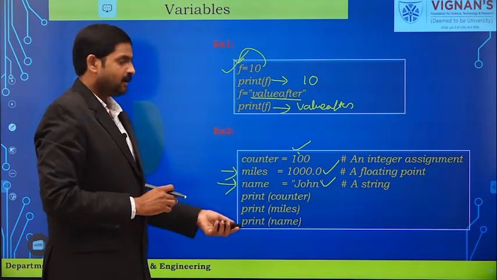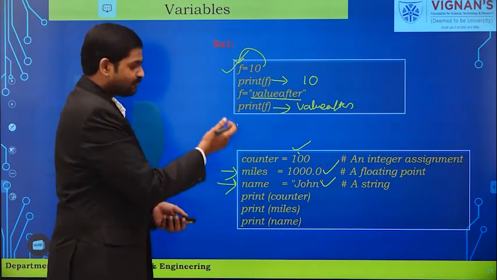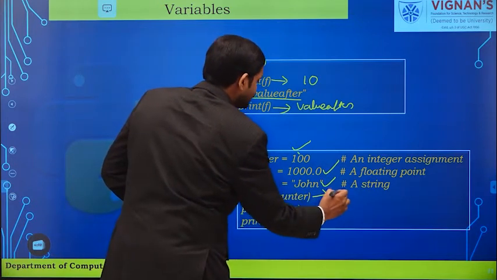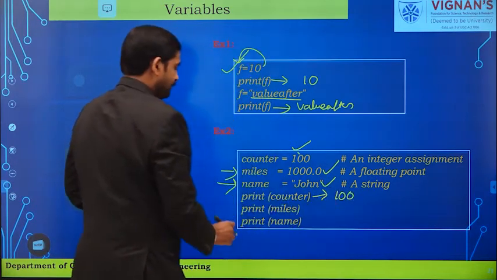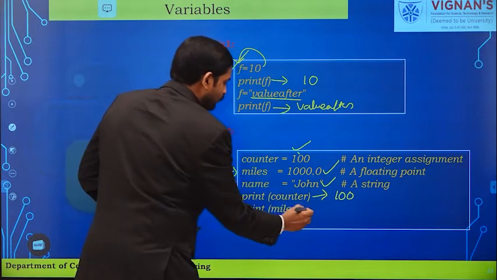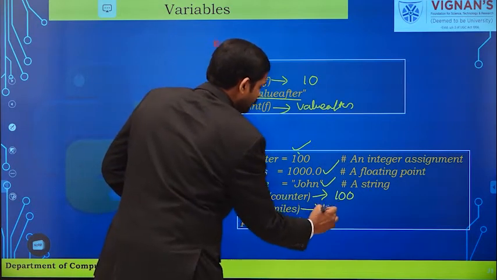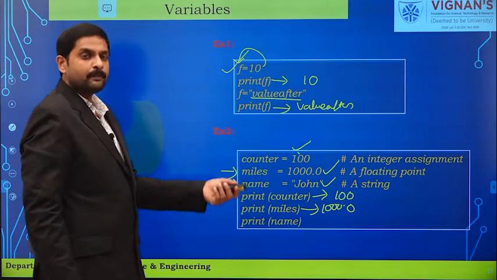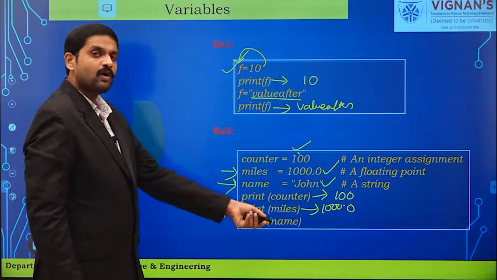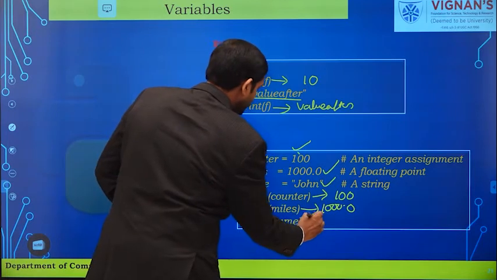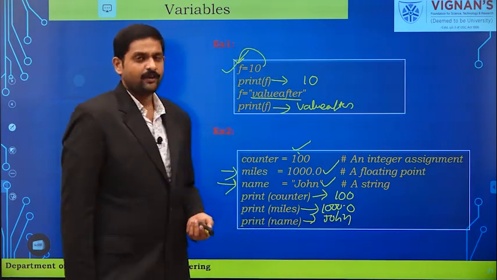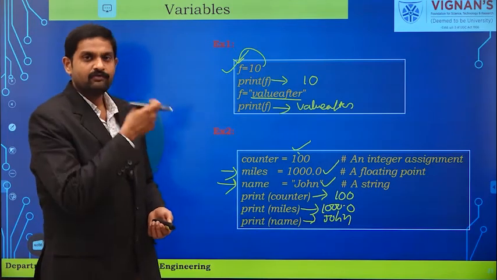All are printed by calling the variables. Print of counter, what does it print? It prints the value 100. Print of miles, what does it print? The value 1000.0. Print of name, what does it print? It prints John. These are the examples of variables.